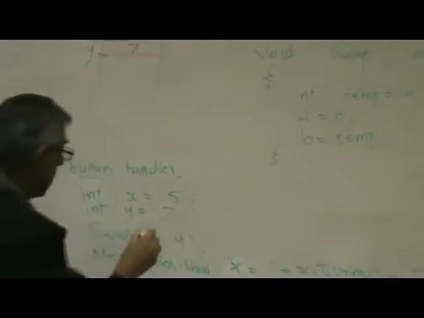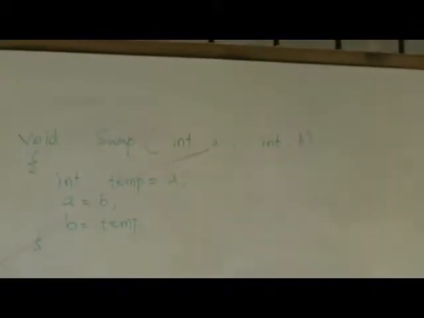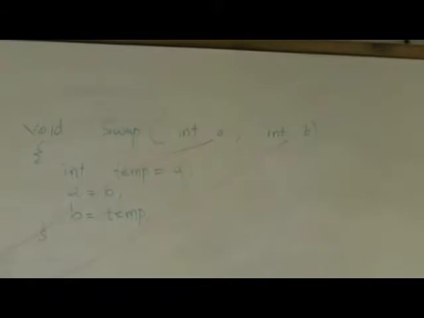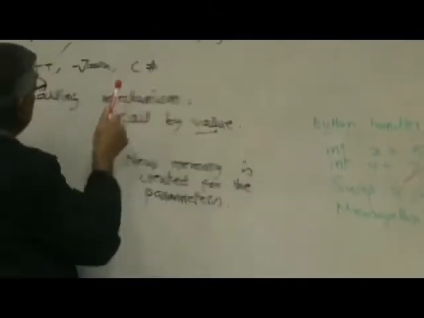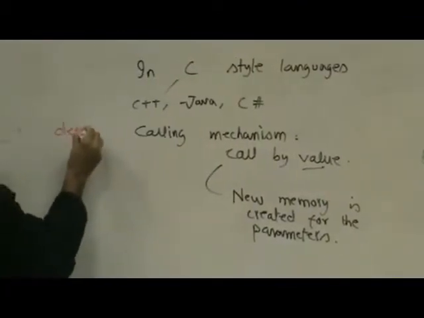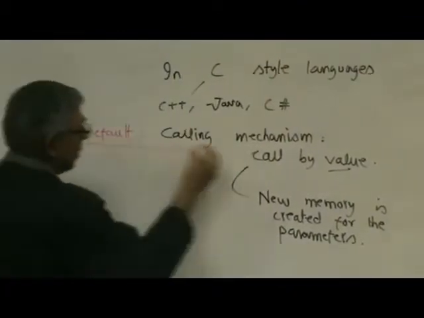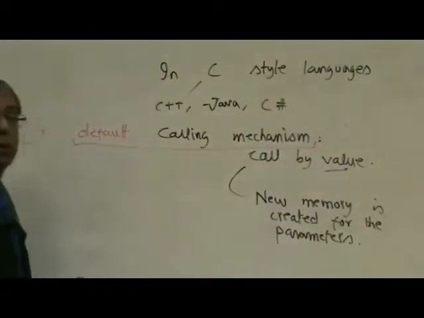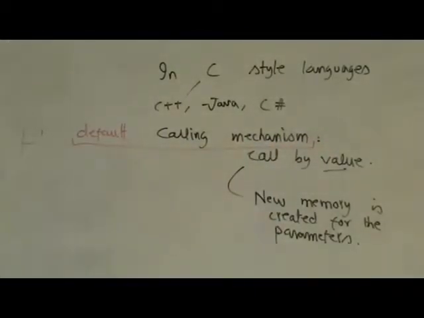Take a look over here: x corresponds to A, y corresponds to B. So there's a one-to-one correspondence. This is the default mechanism. We can change it, but if we don't do anything special, it will do call by value.